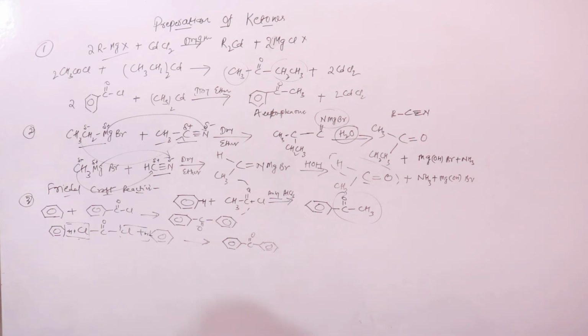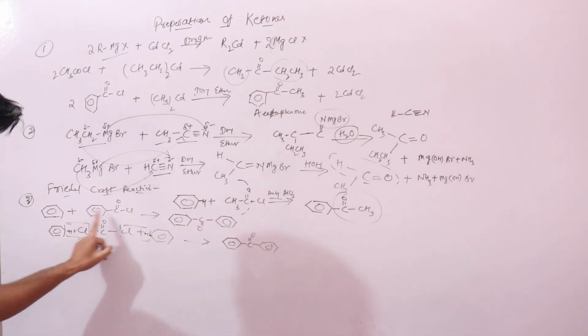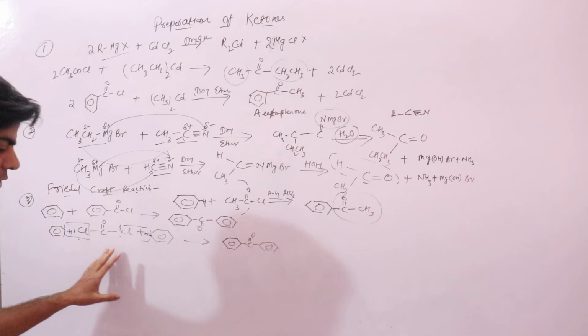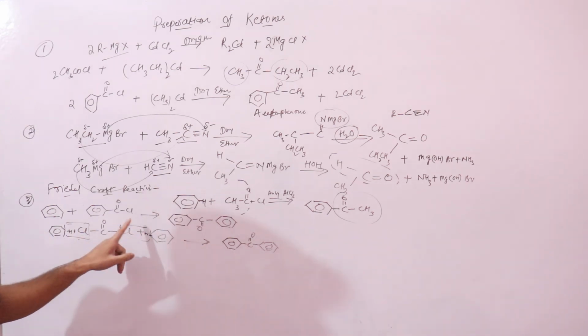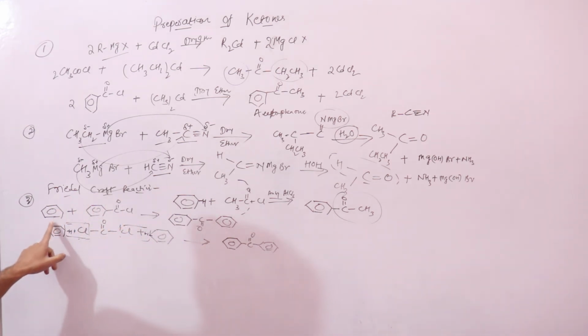Right? So this is a little different reaction. Just remember, COCl2 phosgene will react with benzene to give you benzophenone, or benzoyl chloride reacts with benzene to give you benzophenone.